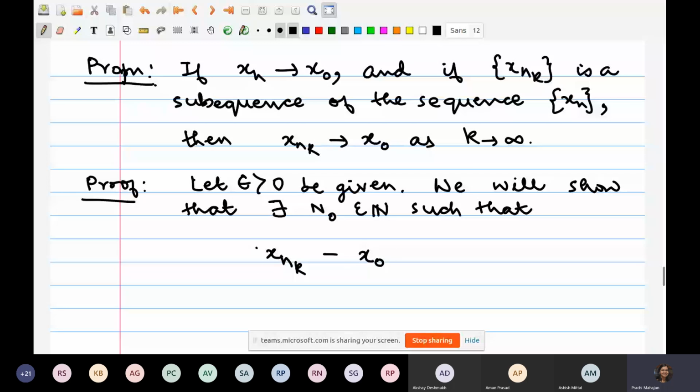So all the terms of the subsequence xnk live in the epsilon neighborhood of the point x0 beyond the stage n0. Correct? This is the meaning of the statement that the subsequence xnk converges to the limit x0. Correct? Is that okay?